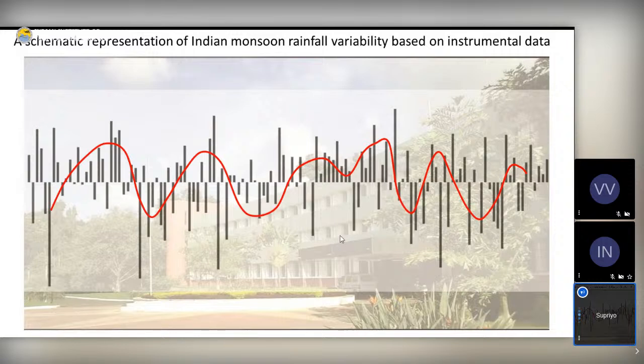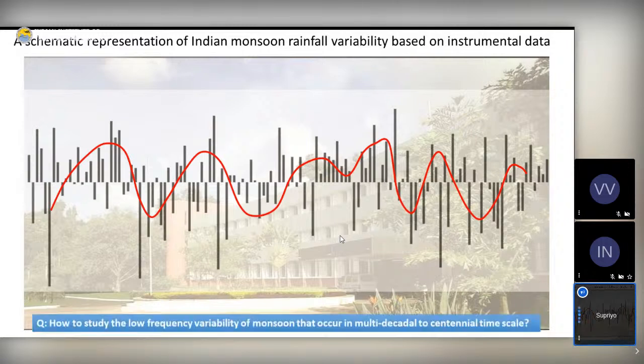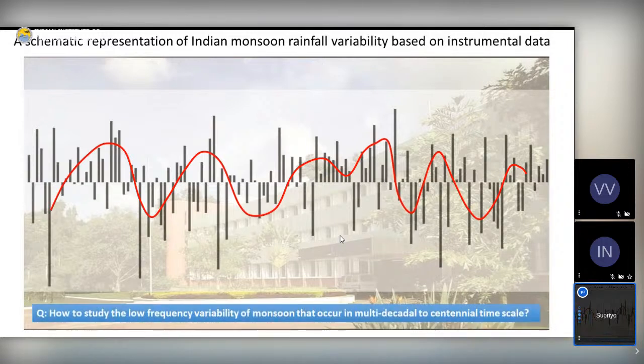But what about the low-frequency variability, which may be occurring at decadal to multi-decadal, even on centennial timescales? Based on this instrumental record, it is not possible to decipher those variabilities taking place at multi-decadal to centennial timescales.